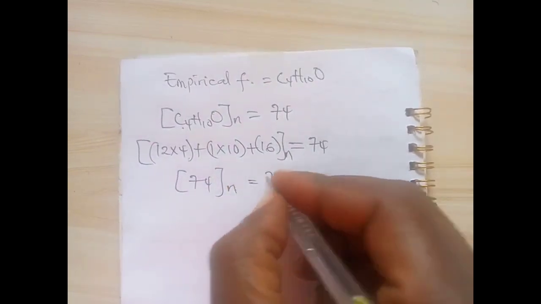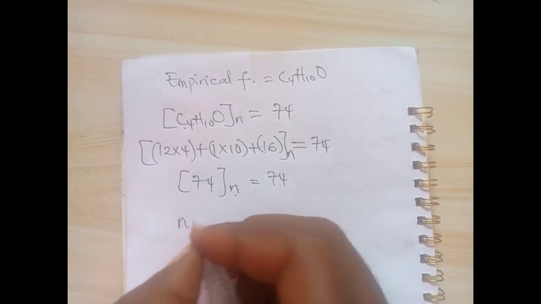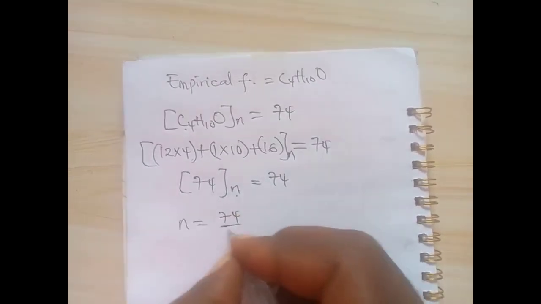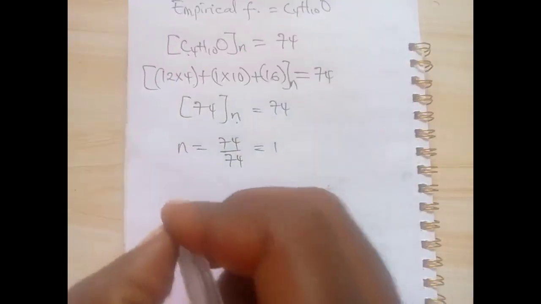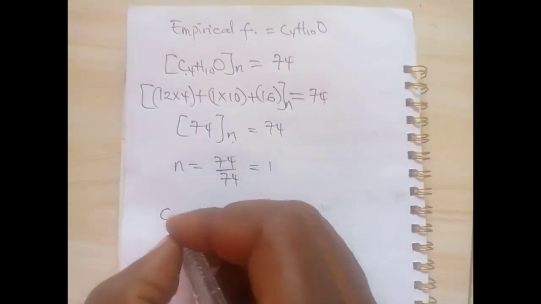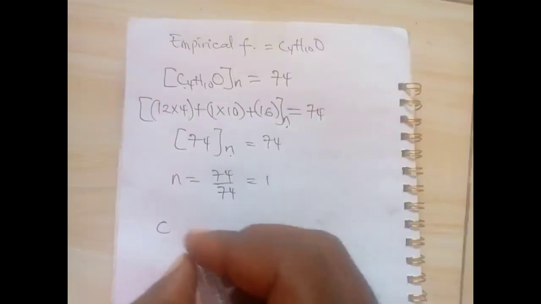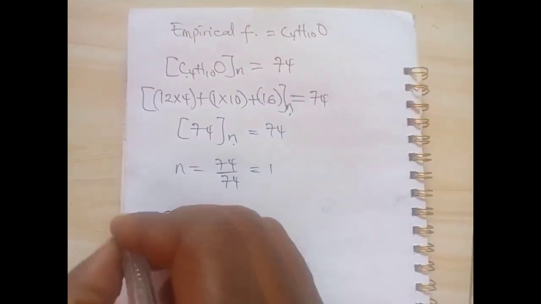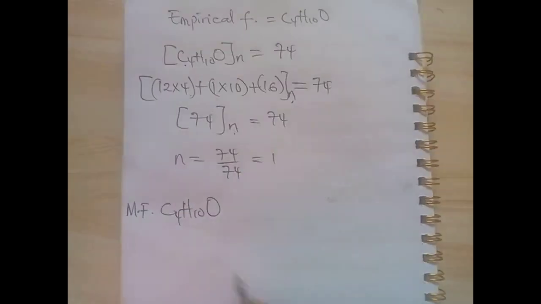So 74n is equal to 74. If we now make n subject of the formula, n becomes 74 over 74, which is equal to 1. What it means is that the molecular formula is still C4H10O, since n is 1, so all of them remain intact.